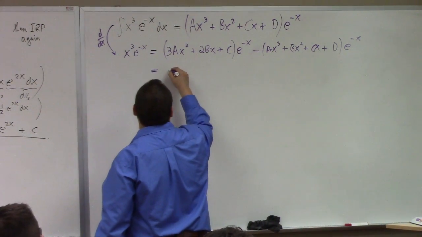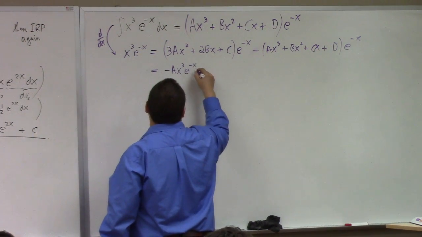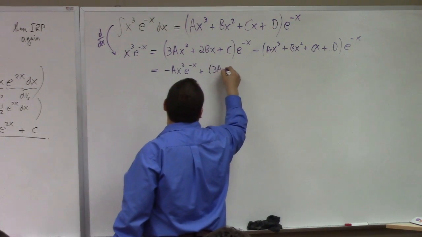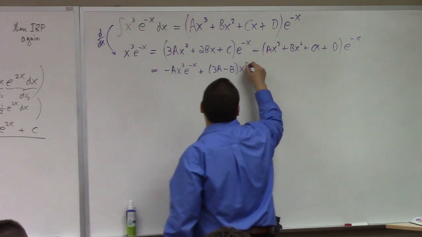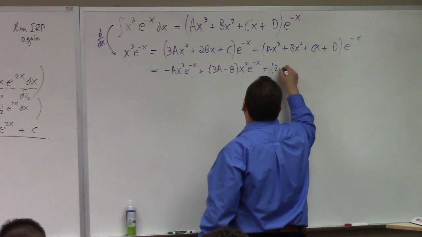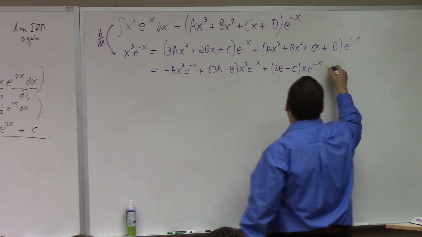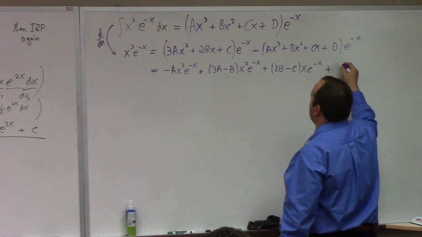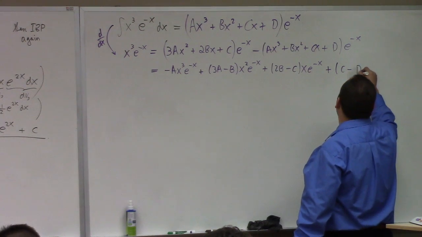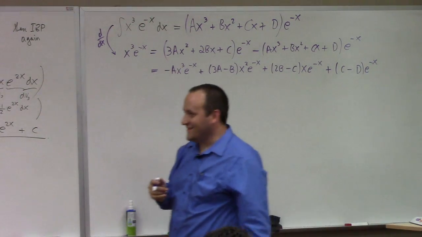So let's see here, I've got a minus a x cubed e to the minus x, right? I've got a (3a minus b) x squared e to the minus x. And (2b minus c) times x e to the minus x. And then what else do I have? (c minus d) e to the minus x. And that's it, right?